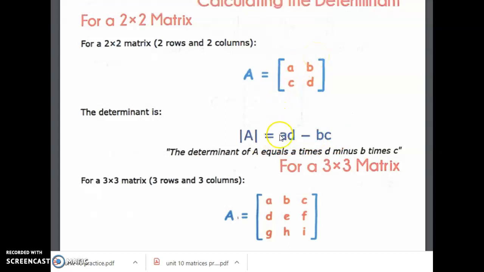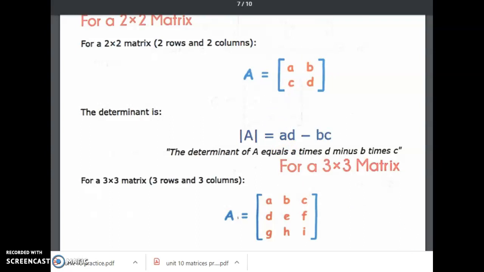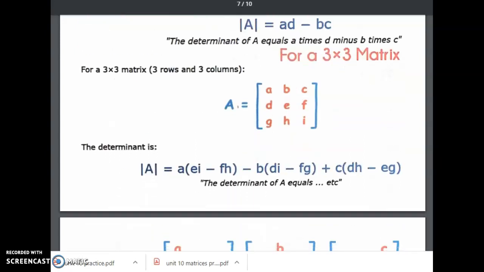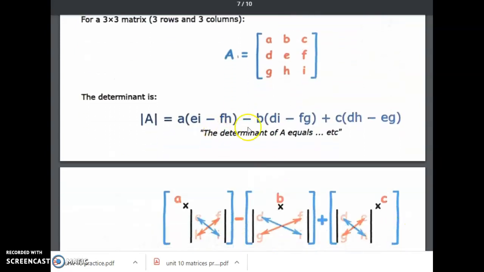For a 3 by 3 matrix, it's a little bit harder to find the determinant. We basically create 3 2 by 2 matrices using this formula. It looks complicated, but if we isolate just what we're looking at, we multiply the first row, first column, A, by the 2 by 2 matrix that's formed by eliminating anything else that's in the same row and the same column as A. Then we subtract the second 2 by 2 matrix.